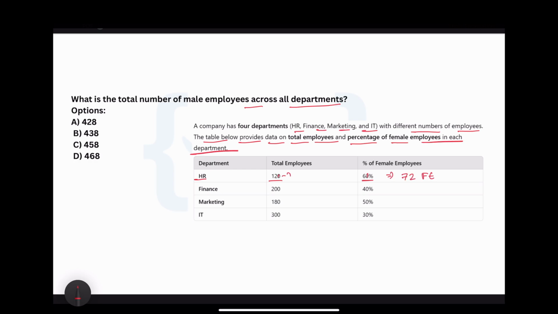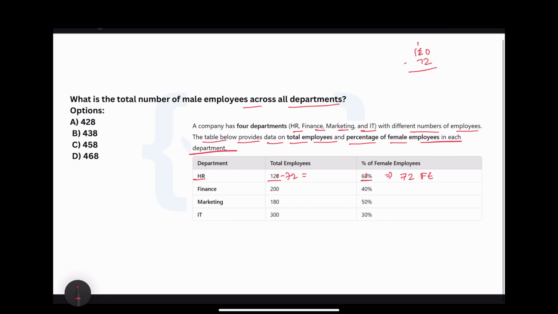So if you subtract 72 from 120, how much will you get? So 120 minus 72, just need to subtract it. So it will be 48. So you have 48 male. Then in finance, 0 0 will go away, and 4 2s are 8.